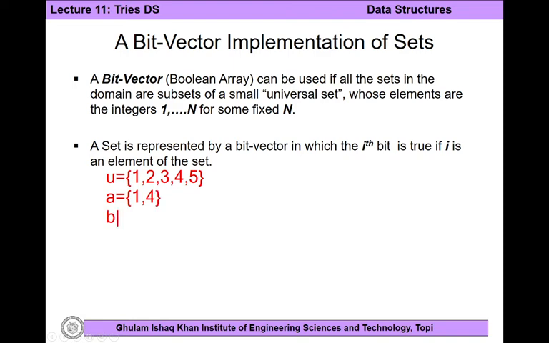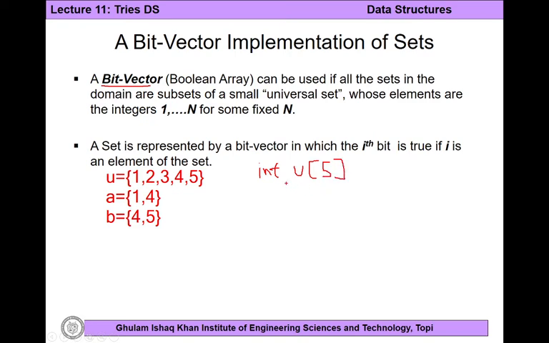And then I have the set B, which has the value, let's say 4, 5, right? Now in the static implementation of these sets, I can use bit vectors. I can declare an array int u of size, what is the size of this universal set? 0, 1, 2, 3, 4, it has 5 slots, right?